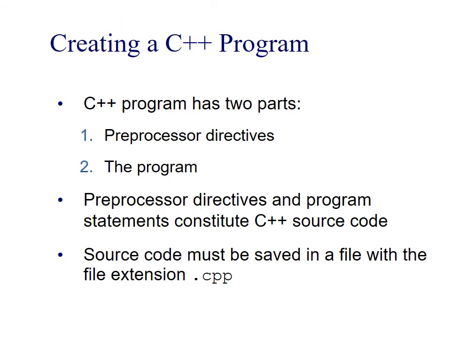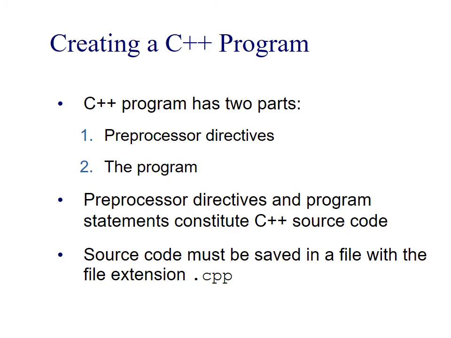So creating a C++ program, a very basic way of creating a C++ program. A C++ program has two parts. First we have to write the preprocessor directives, meaning the hash include at the very top of the program. Then write the program. The preprocessor directives and program statements also constitute the C++ source code.